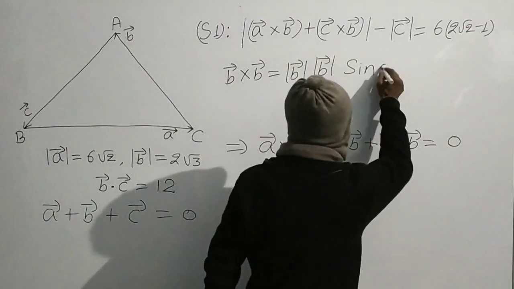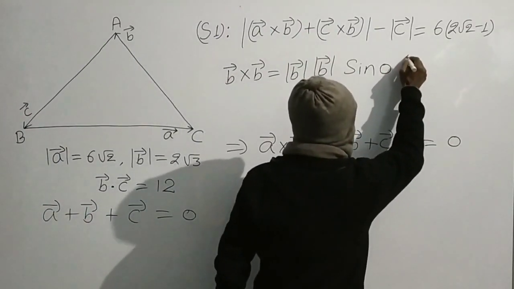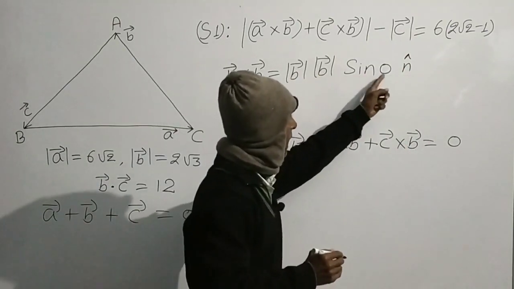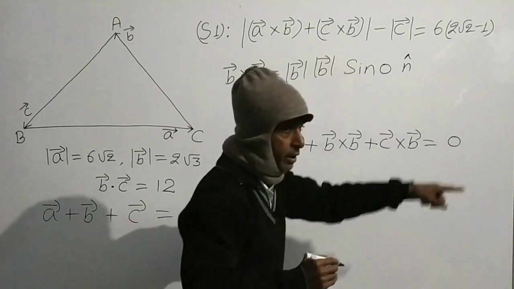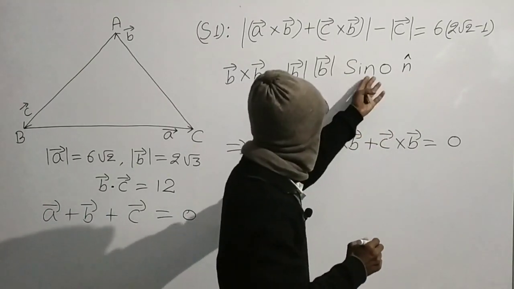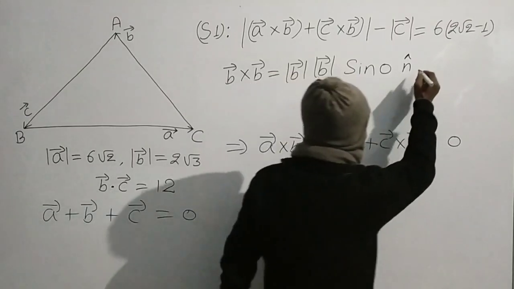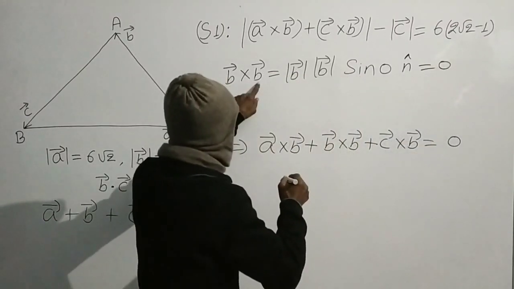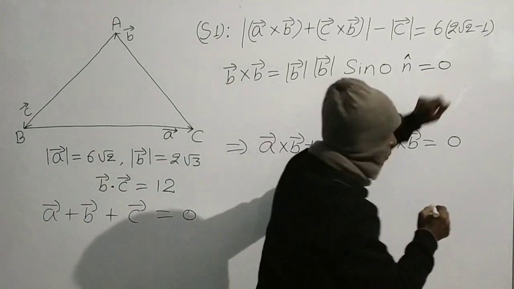Therefore, sine 0 n cap. But value of sine 0 is 0, and when we multiply any number by 0, we get the result 0. Therefore, B cross B will be equal to 0.